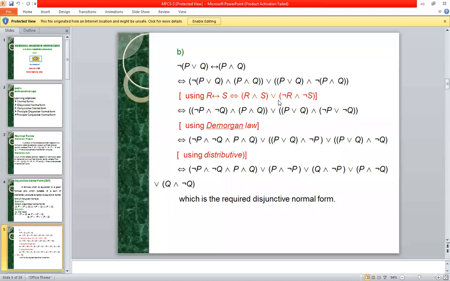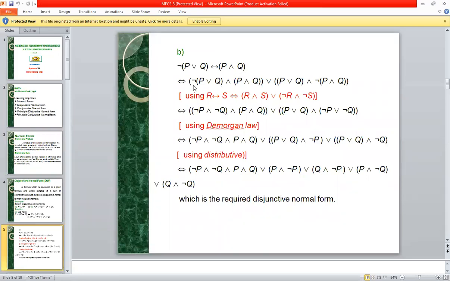In place of R we have negation (P or Q), and in place of S we have P and Q. So we apply this biconditional rule to the given statement formula.